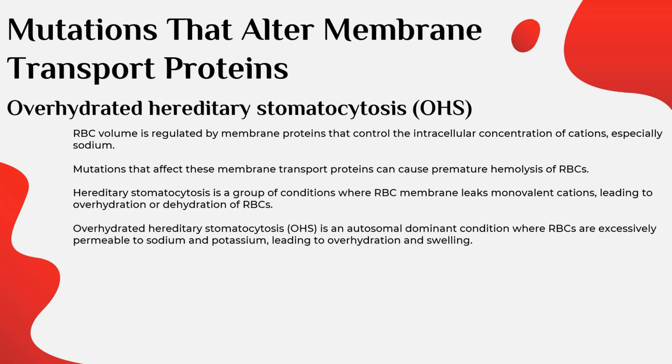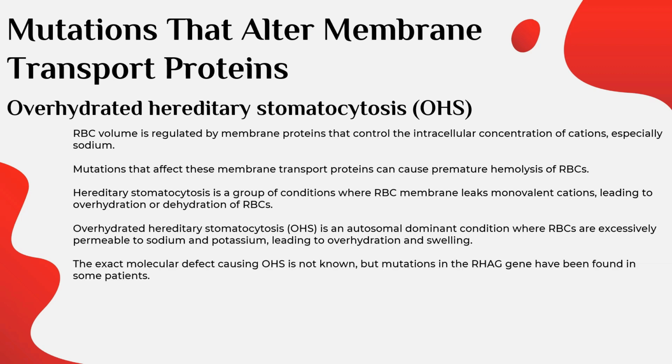Overhydrated hereditary stomatocytosis, OHS, is an autosomal dominant condition where RBCs are excessively permeable to sodium and potassium, leading to overhydration and swelling. The exact molecular defect causing OHS is not known, but mutations in the RHAG gene have been found in some patients.